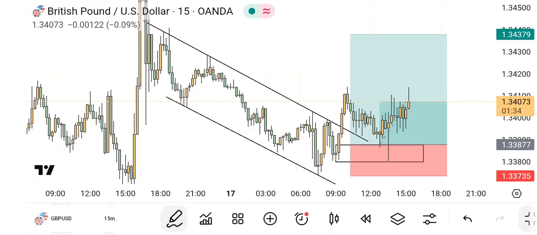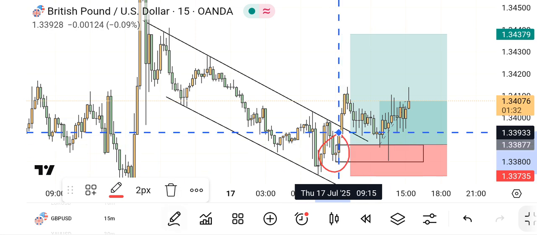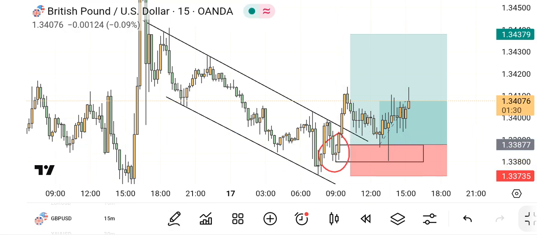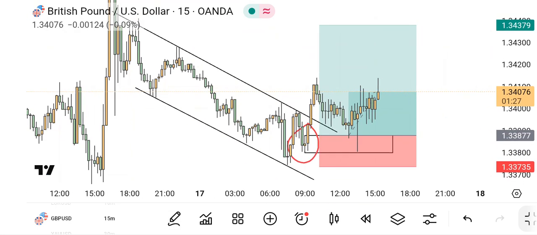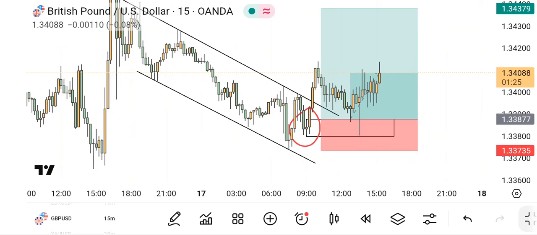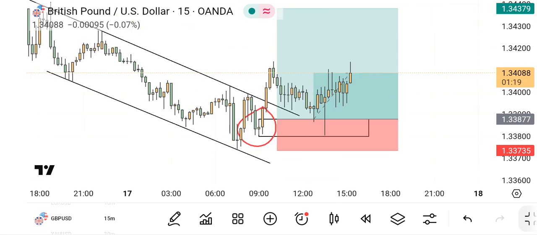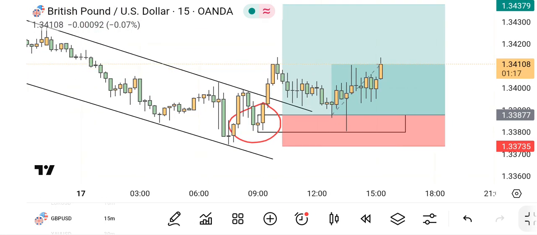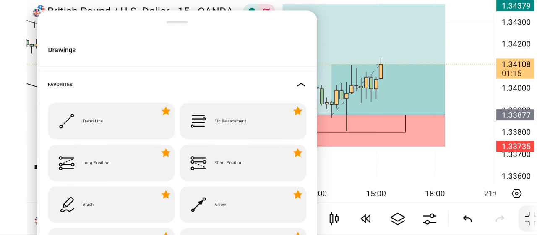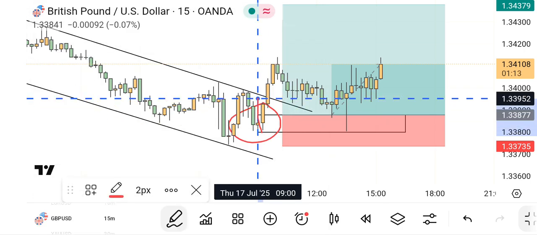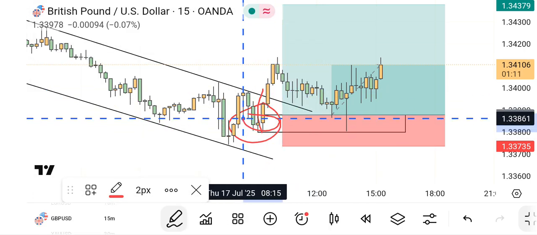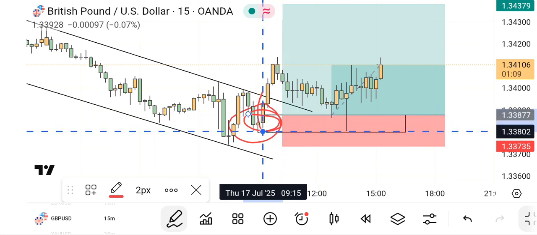You either call it a doji candlestick or an indecision candlestick, which means the buyers and the sellers are not ready to decide where the price will go. Then after the indecision candlestick, the price broke out and went up. This one went up, which engulfed the doji candlestick, which means the price is about to go up.